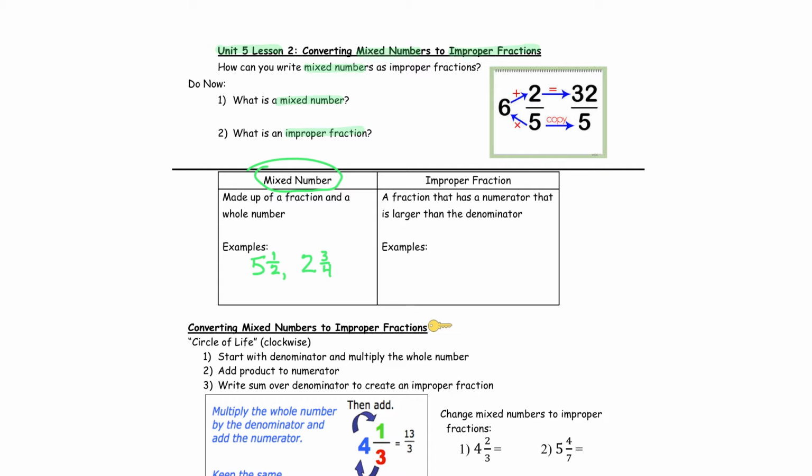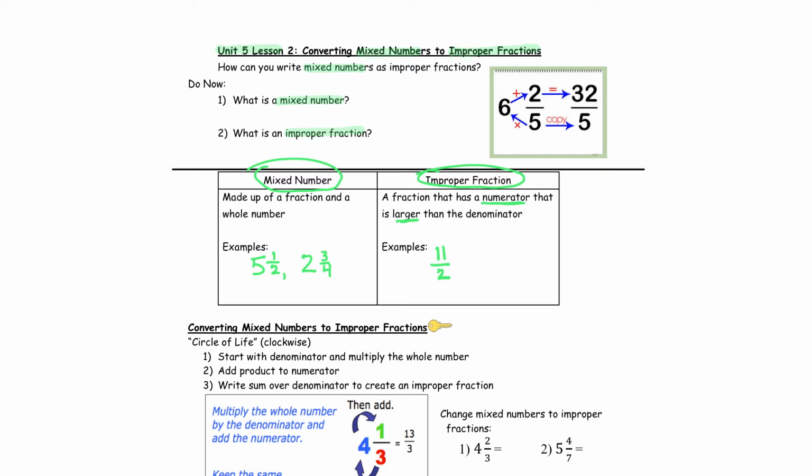An improper fraction, on the other hand, is a fraction that has a numerator that is larger than the denominator. So the numerator, if you recall, is the top number of a fraction. The denominator is the bottom number. So for example, if we have 11 over 2, that is an improper fraction.